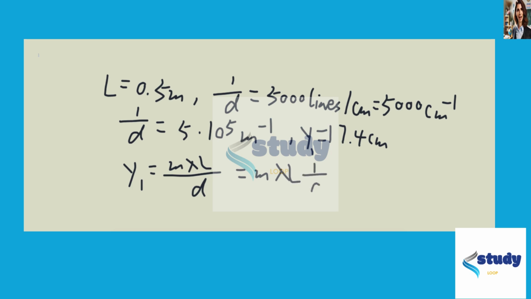It will look something like this. And we got 1 over D here and 1 over D here. M is 1, so we'll get y1 equal to lambda L times 1 over D. So let's do the calculation on the next pages.